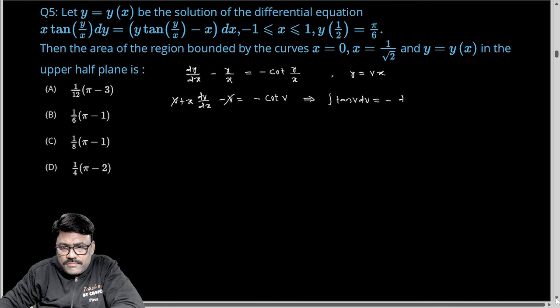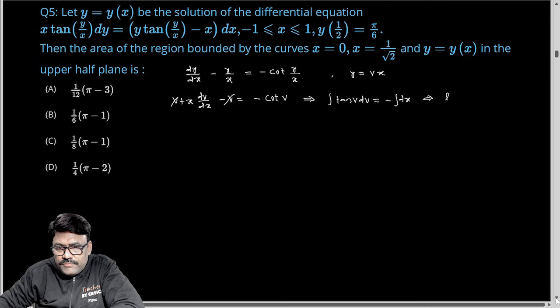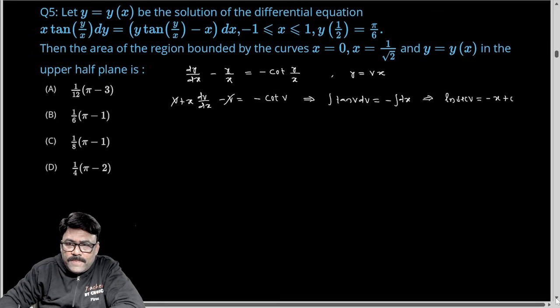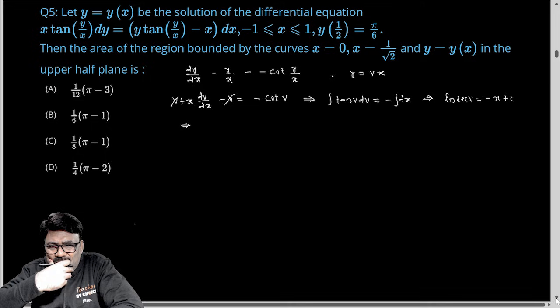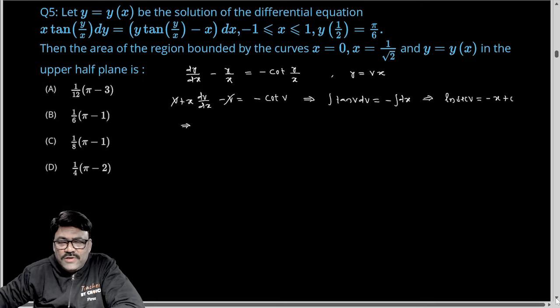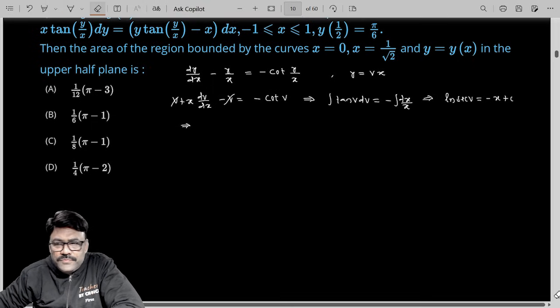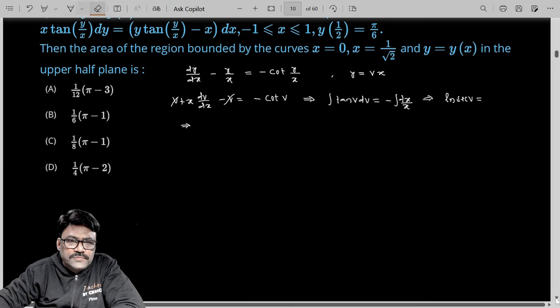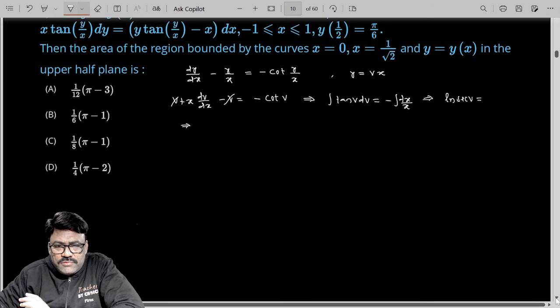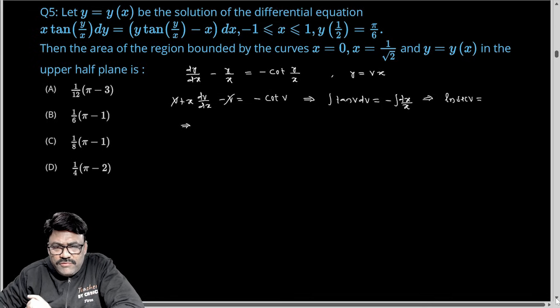minus dx by x. Integration of tan v is log secant v. On the right, actually, I will get tan v dv is minus dx by x.